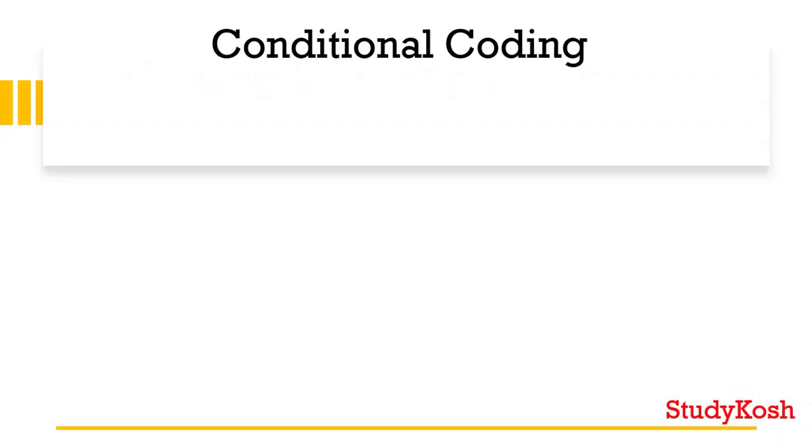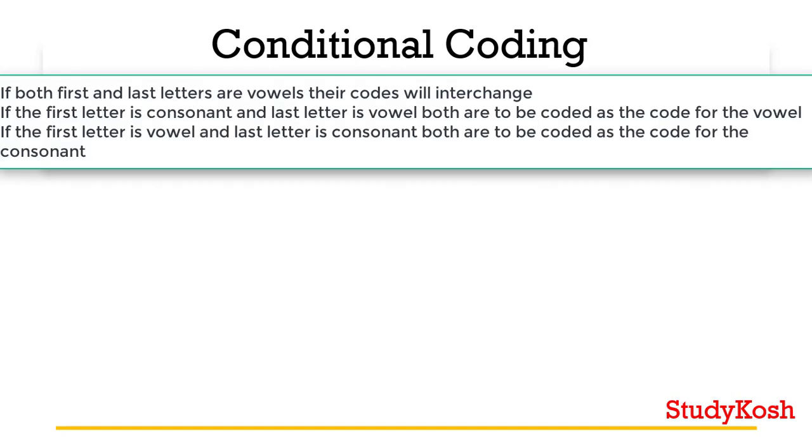Next we have conditional coding. So under this coding, some patterns, letters, numbers are given and their codes are given under them, and you are required to find out the code for a particular letter according to the given condition. So if you have a question like this, here the letters are given and the digits or symbol codes are given, and the condition is: if both first and last letters are vowels, their codes are to be interchanged.